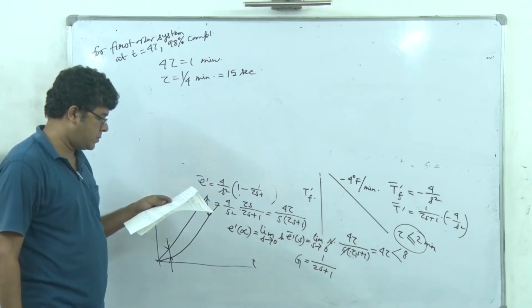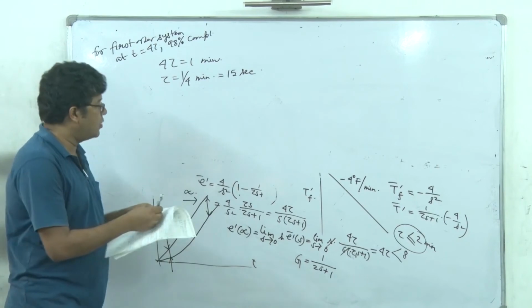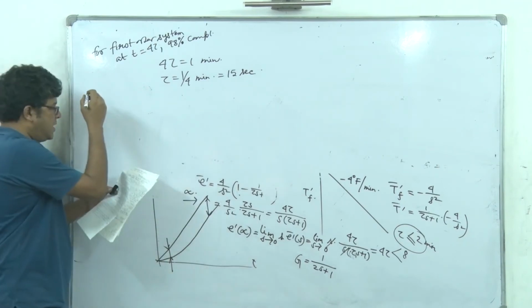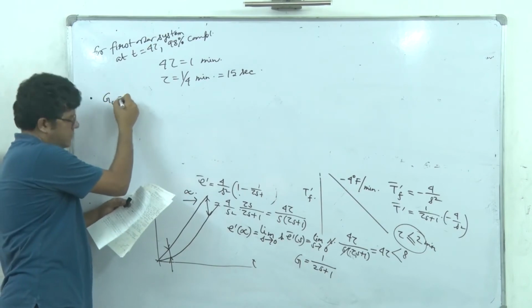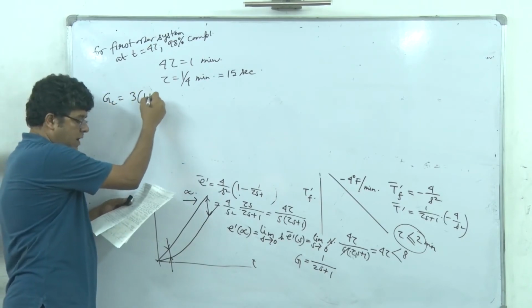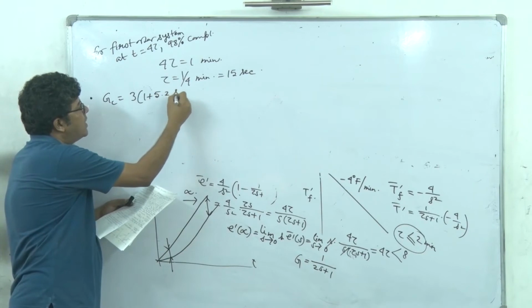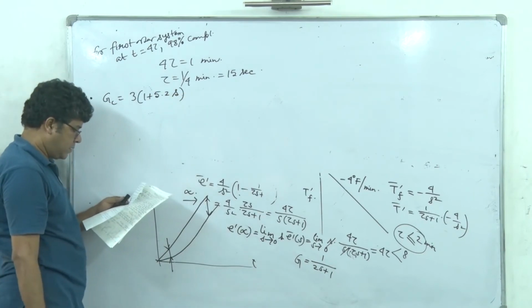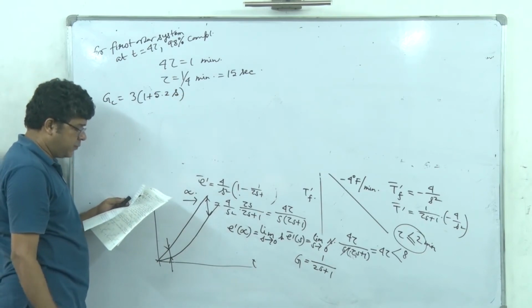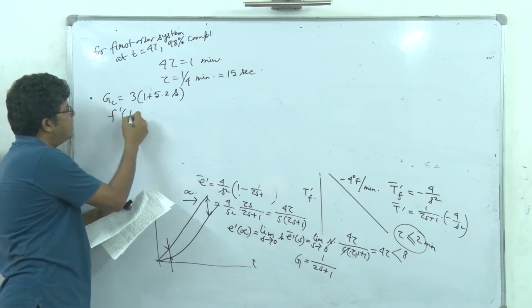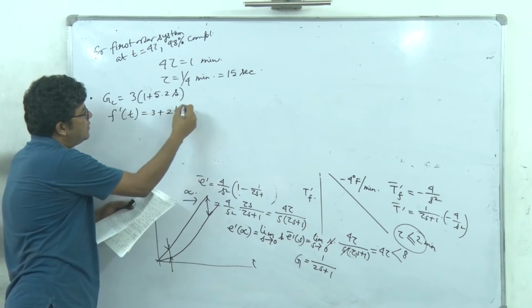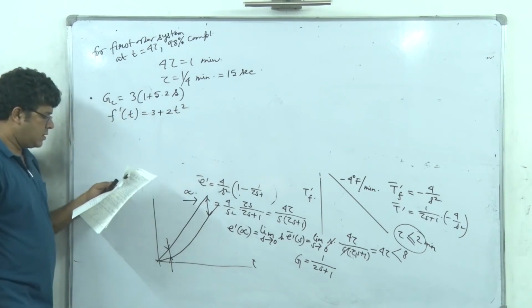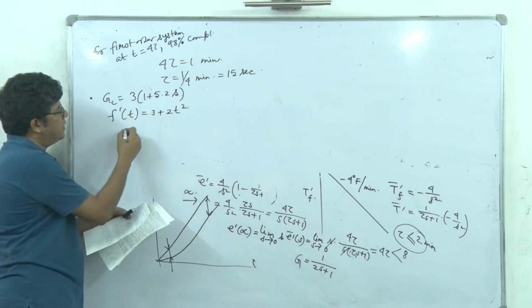Okay. The PD controller, next. The PD controller with the transfer function GC is equal to 3 into 1 plus 5.2 S is subject to an input signal f prime t is equal to 3 plus 2 t square. The output at t equal to 0 plus.